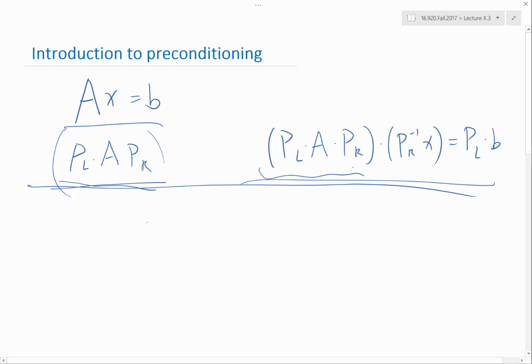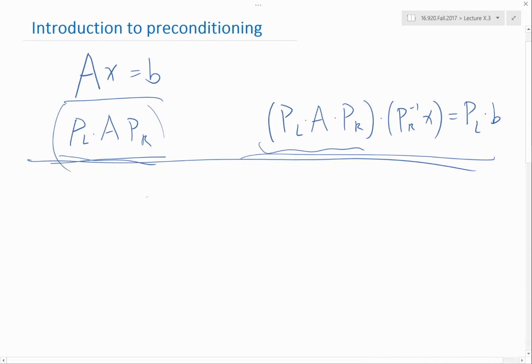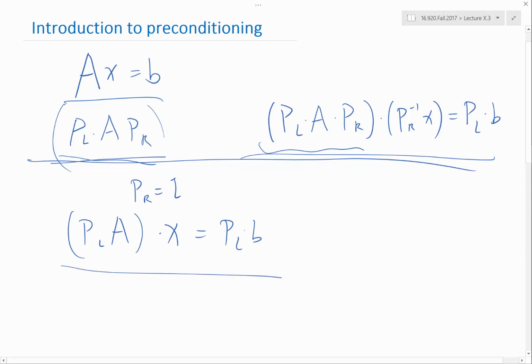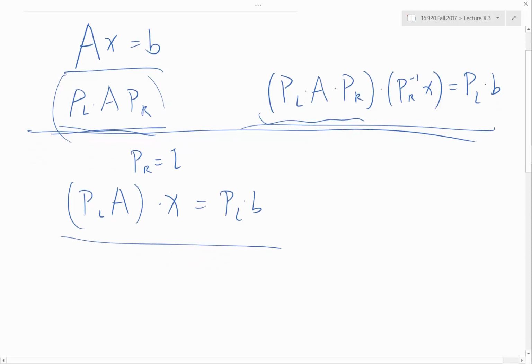Another popular way to write a preconditioner: let's focus on one type of preconditioner. If I have PR equal to identity, I just have PL, right? So basically I have PL times A times X equal to PL of B. If this is the case, it's beneficial to think of it this way.